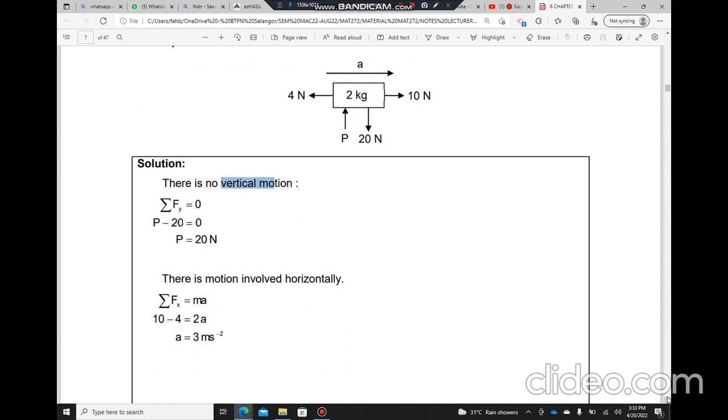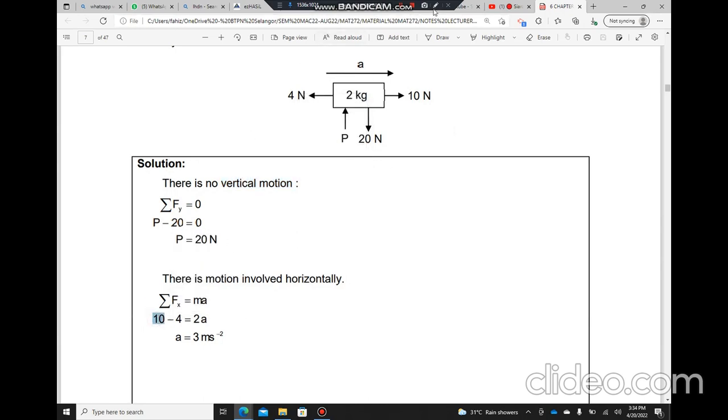Okay, and then untuk horizontally, okay, kat sini dia beza sikit dengan sebelum ni. Kalau sebelum ni kita assume that Fx is equals to 0 sebab dia cuma ada v kan. Tapi kat sini kita nak kira untuk acceleration, dia ada pecutan. So pecutan kita akan ambil formula F equals to ma, not F equals to 0. Yang ni kita ambil F equals to 0 because vertical motion. Dia bergerak ke atas bawah. So bila atas bawah dia tak ada pecutan. Pecutan cuma kanan dengan kiri. So this one kita ambil 10.